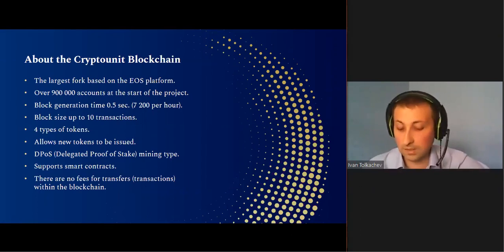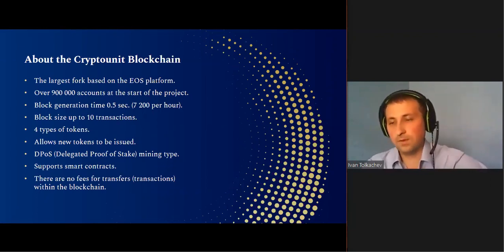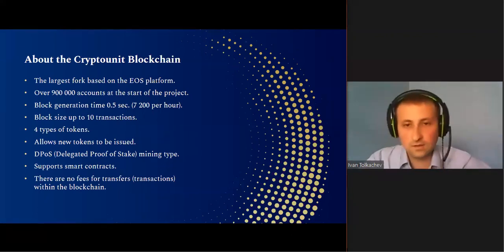In terms of transactions, Bitcoin generates over 2-3 transactions a second. Ethereum-based blockchain on average 13-14 transactions a second, whereas Cryptounit blockchain, let's calculate.